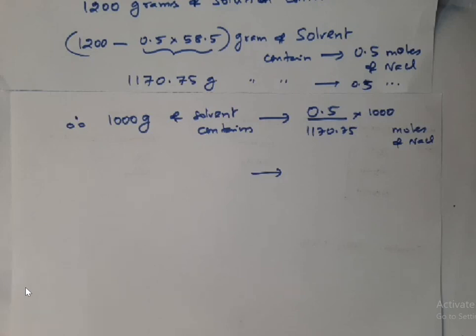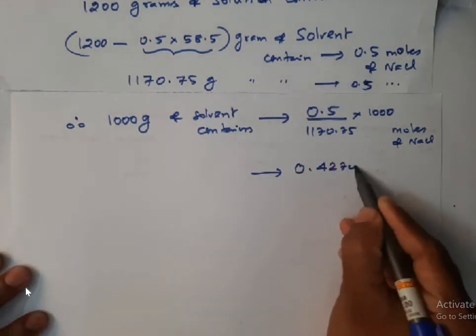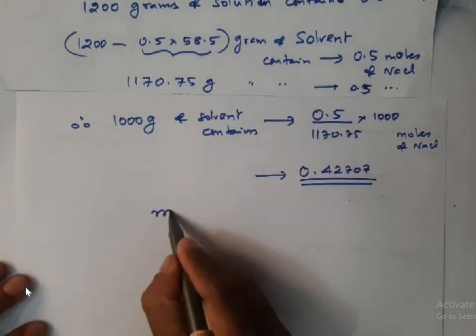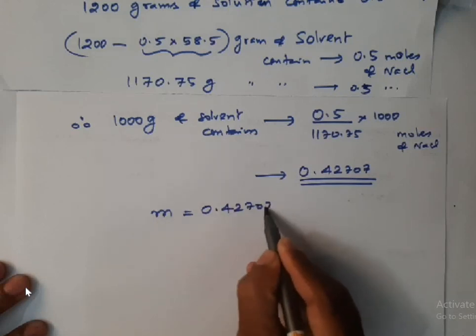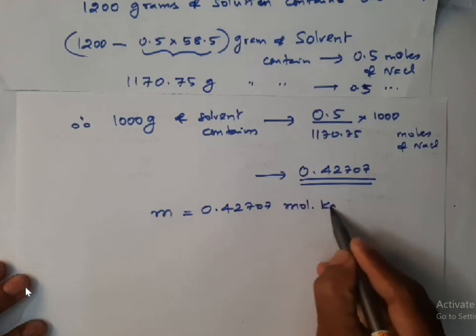I got a value of 0.42707. This is the molality of the solution. So molality m equals 0.42707. The unit for molality is mole per kg.